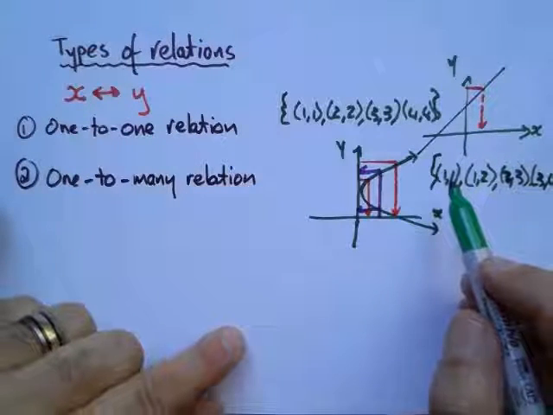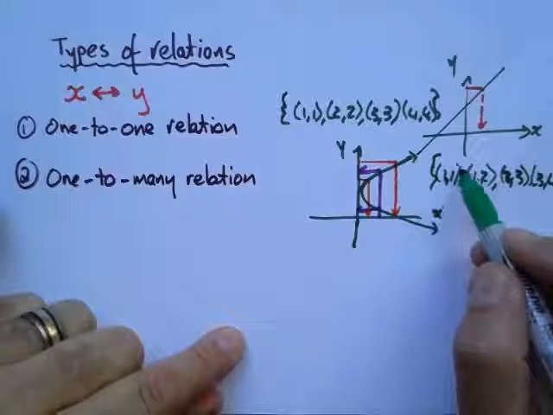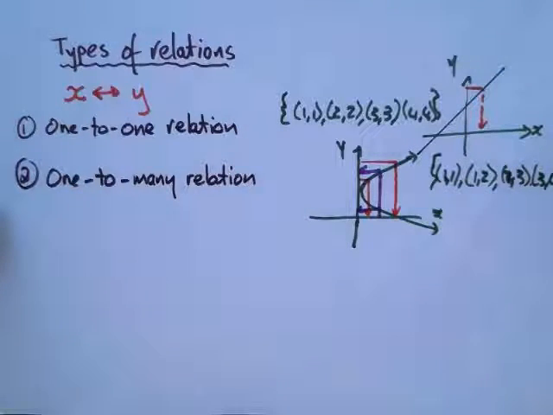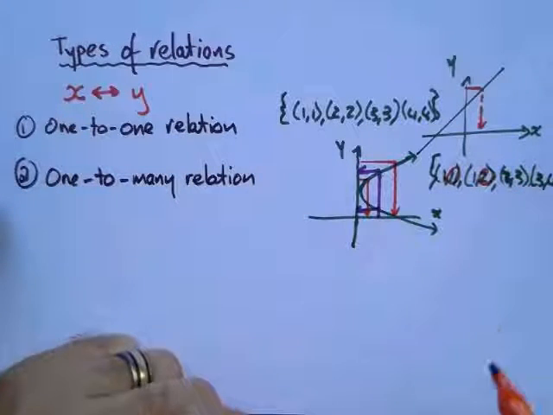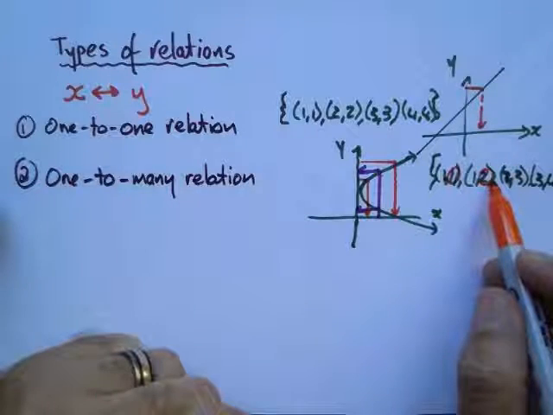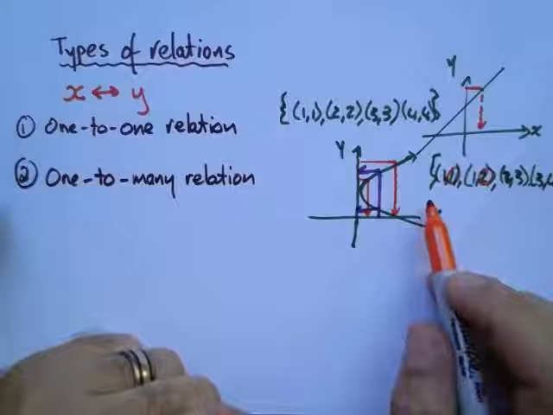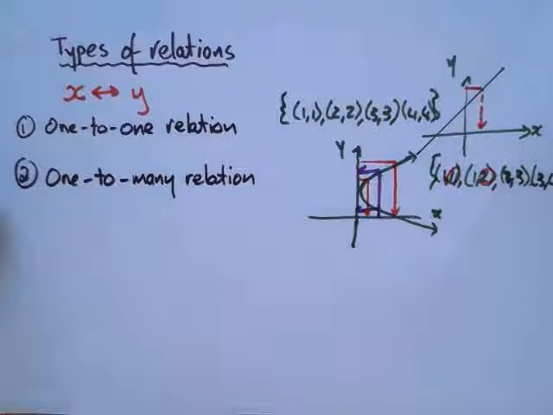Why? Because one x value has two y values. So one x value has many y values, but for any y value, there's only one x. And that's why it's a one-to-many.